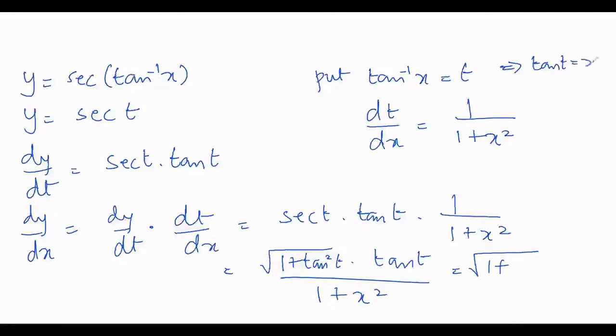So I can write this as x squared, and what is tan t? x divided by 1 plus x squared. So in the denominator, I'll have the final answer in this form, x divided by square root of 1 plus x squared.